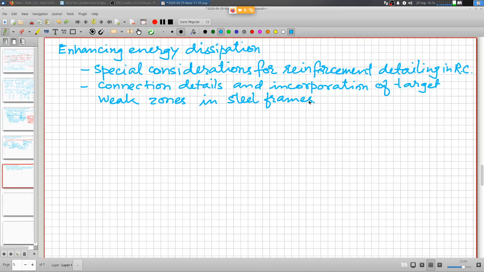Weak zones, we will come to that towards the end of this course when we discuss steel structures.